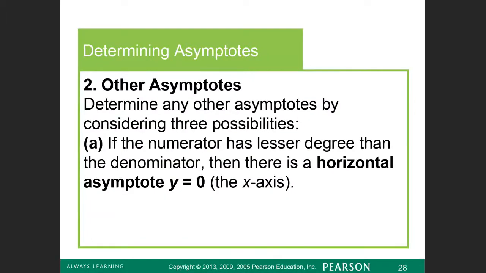If the numerator has lesser degree than the denominator, then there is a horizontal asymptote. So that horizontal asymptote there is y is equal to 0, and that's what our answer was. And we don't have a slanted asymptote because a slanted asymptote can be obtained if you have higher degree on the top and then the bottom is less than the top.